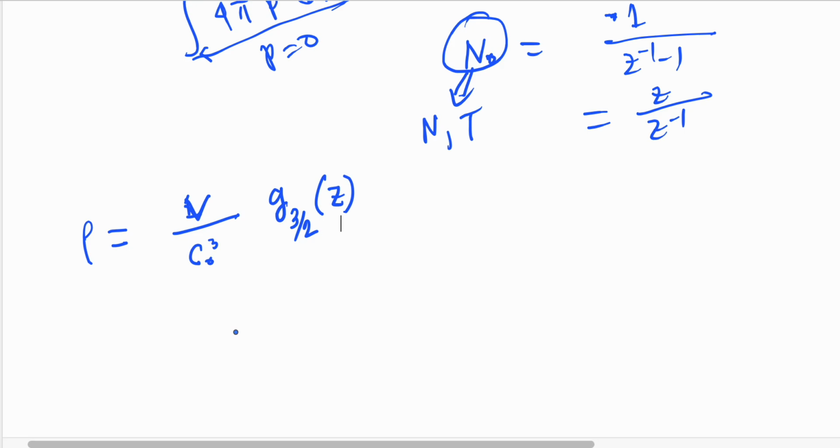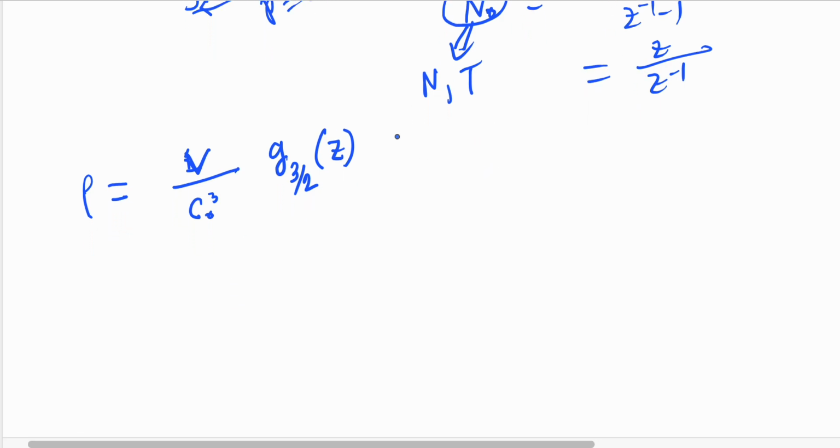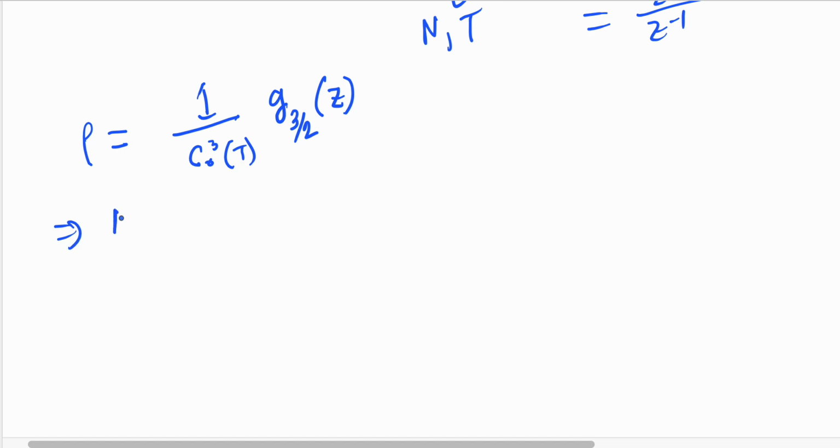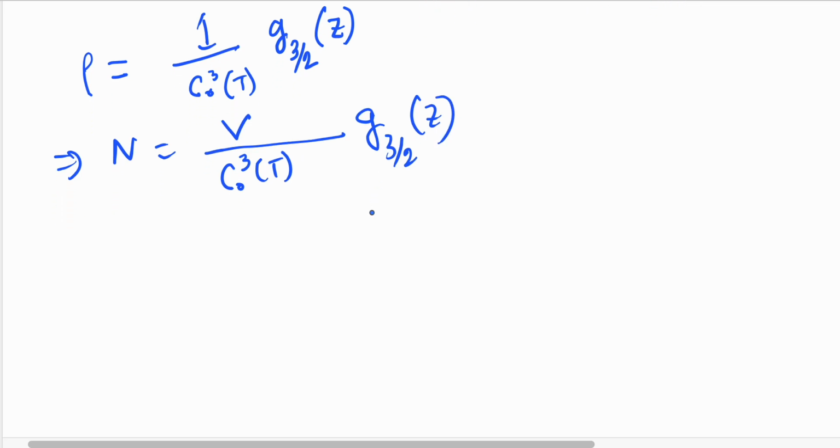Now, this is a function of temperature. So n equal to the total volume by lambda cube, times g 3 by 2 of z.